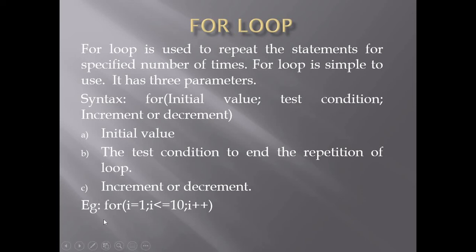For example, suppose you want to perform a set of operations 10 times. In this case, the value is initialized with i equal to 1. Here i is also called the loop control variable, which keeps track of how many times the loop is executed. If it is to be repeated 10 times, then the last value of i should be 10.